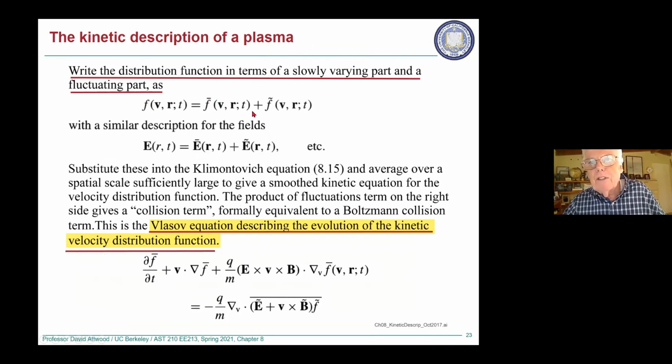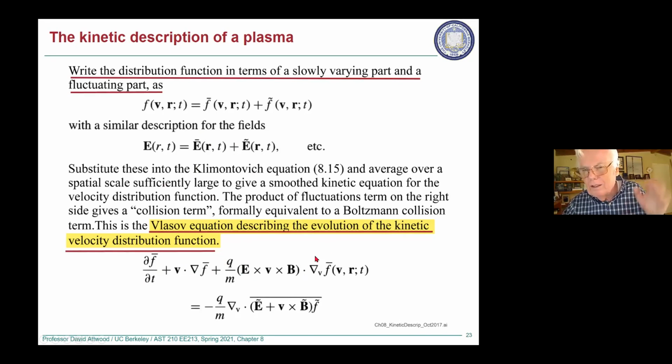And so there's an average and a fluctuation, the stochastic part that was left in here. So there's an average, and the difference from the average is shown here. And you need to do that with all of the quantities in the Maxwell's equations, et cetera. And when you do that, and you go through a similar process, you wind up with a similar equation to the Klimontovich, which was for every single particle. You wind up with the Vlasov equation.